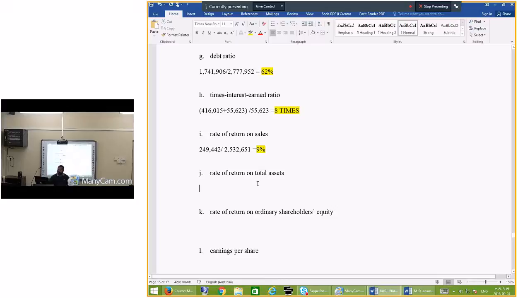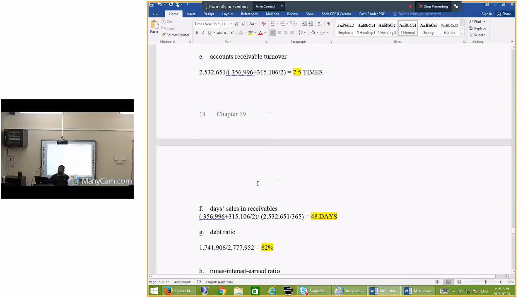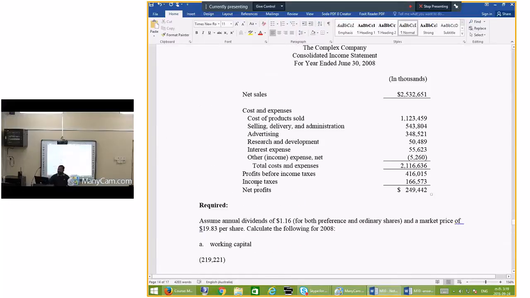Rate of return on total assets. Then you have to take profit before tax and before interest.